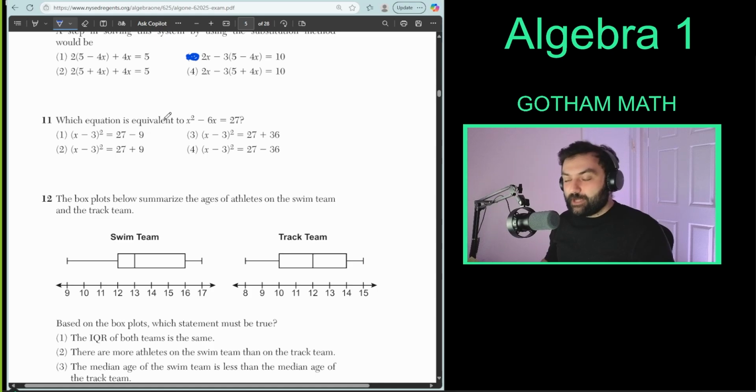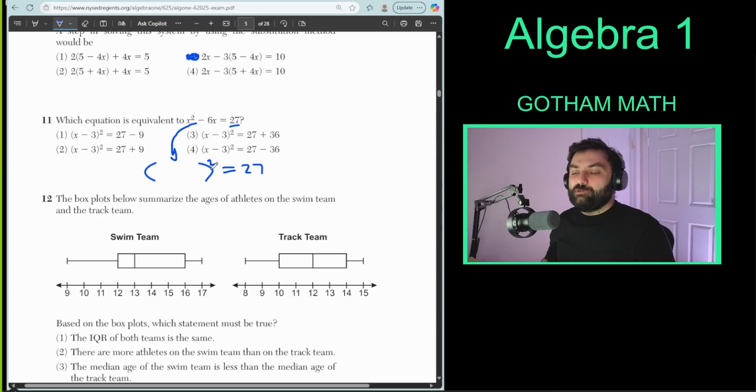It comes from something called completing the square. So what you need to do here, a little bit of knowledge is actually required, is create a parentheses, always squared, and the right side stays the same, 27.